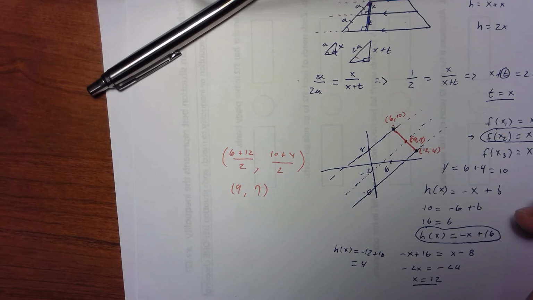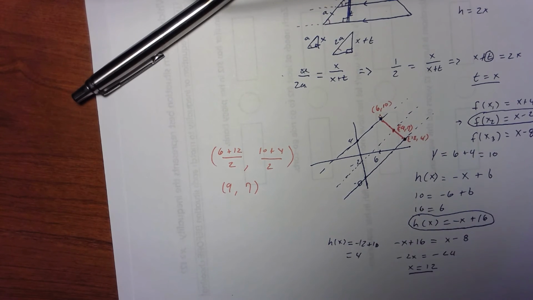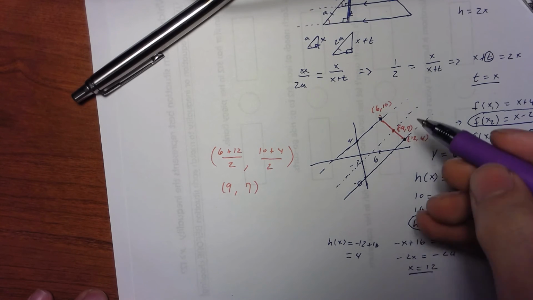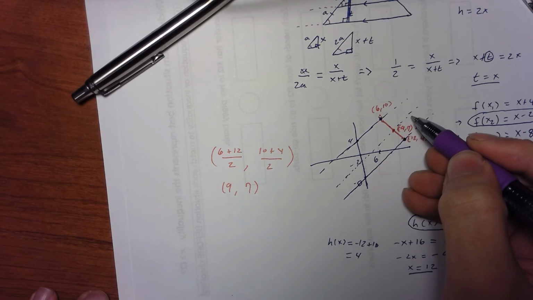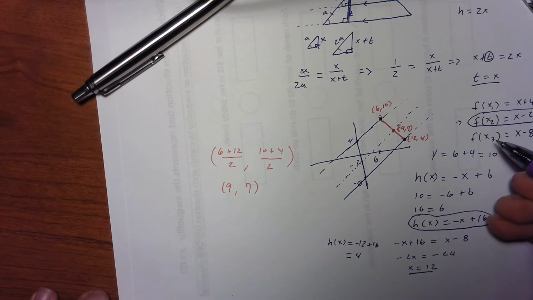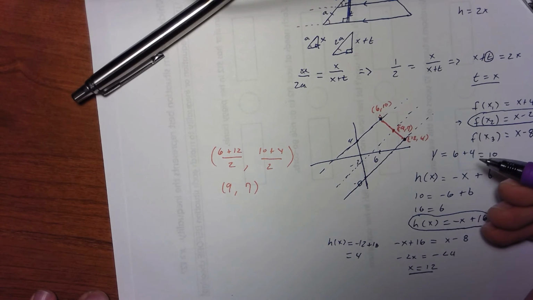Okay, now here's the punchline. Everything that I've been setting up is all for this one part, and I'm going to use purple for this. Now we want to check if this truly describes the midsegment. Then this point must be on that line. If this point is not on the line, then our equation does not describe the midsegment. So now we have to check.